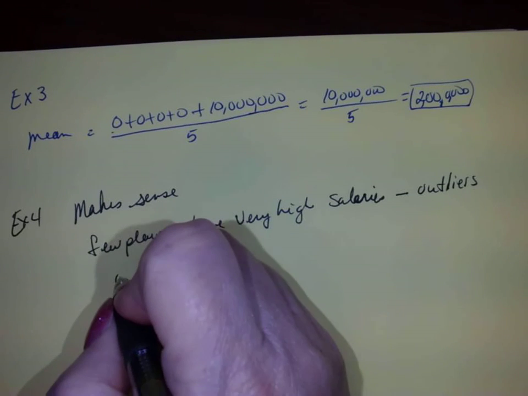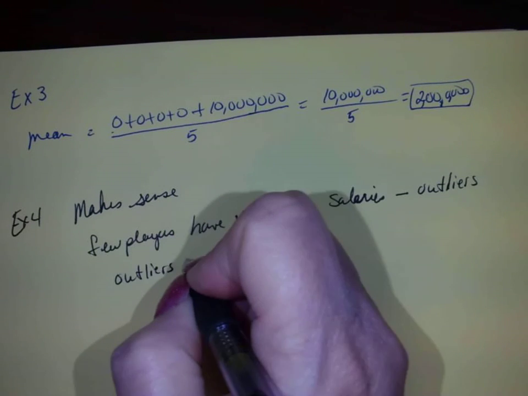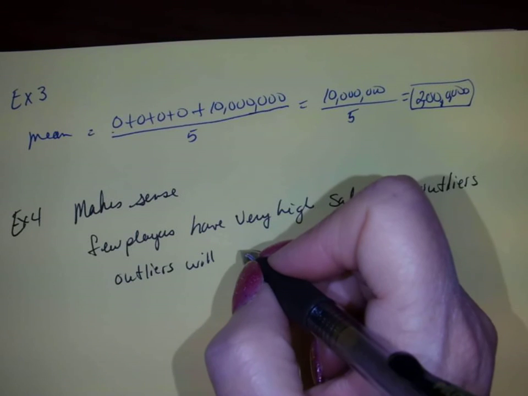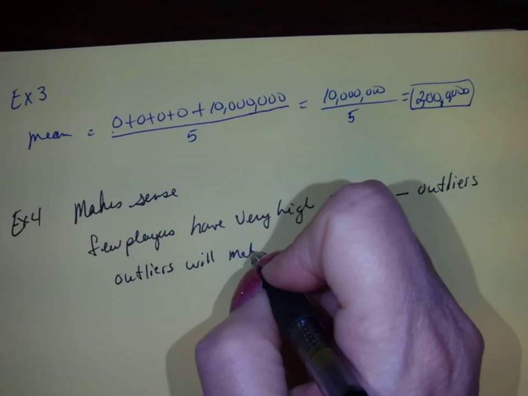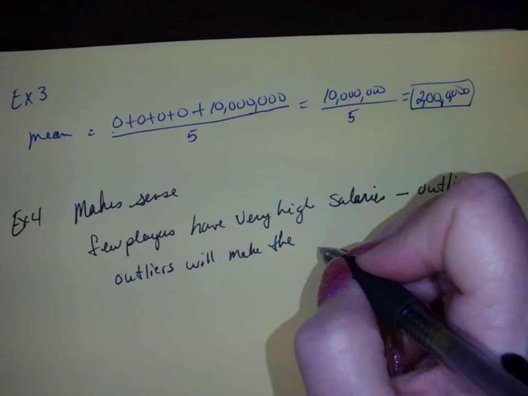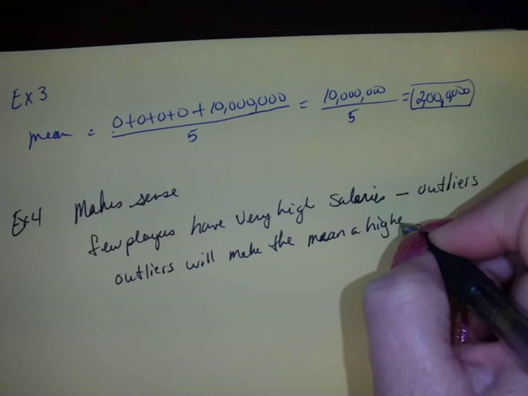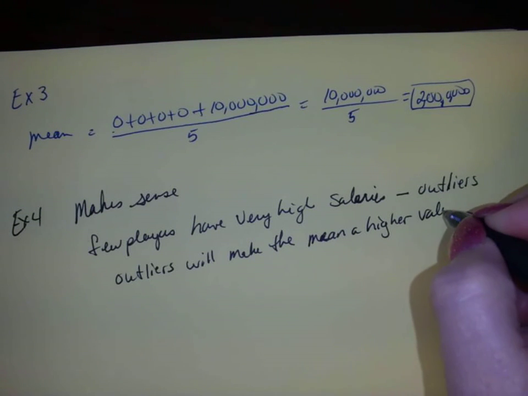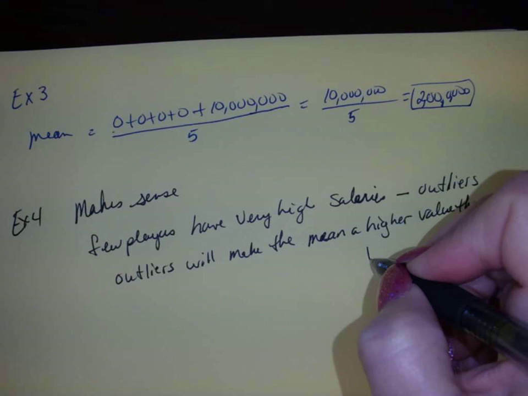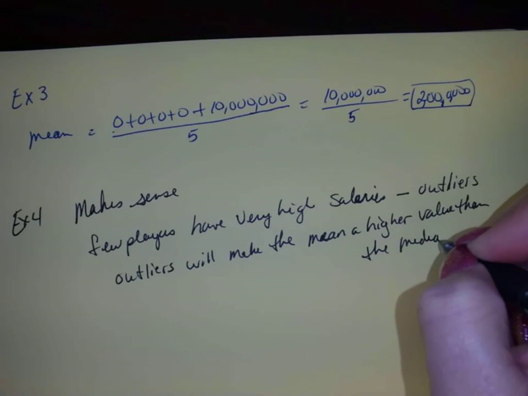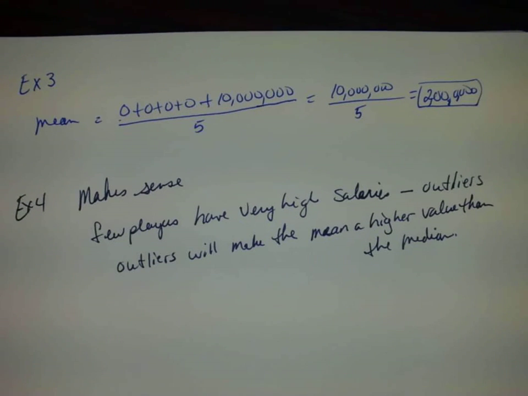And the outliers will make the mean a higher value than the median. Okay? So watch out for those outliers. They will really kind of distort your data and what's going on with those.